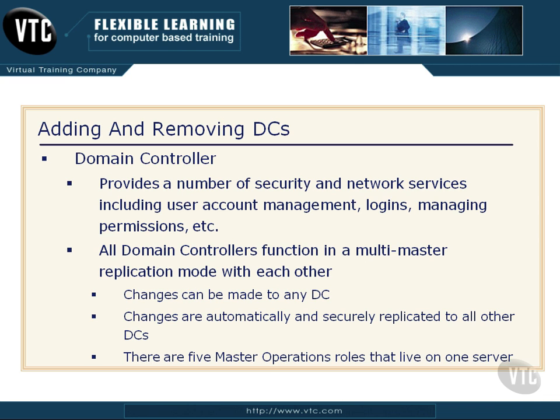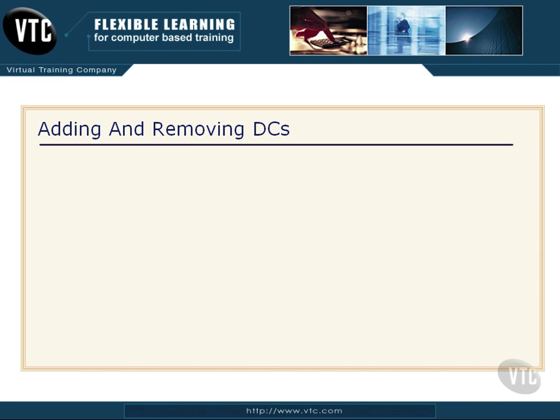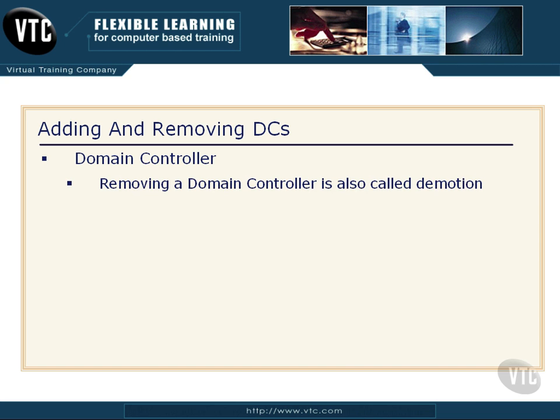Now, a second ago, I said that this functions in a multi-master replication mode, meaning you can make a change on any server and it gets replicated to the others. Well, there are 5 operations that have to live on one individual server, and they can't be multi-master replication. The change can only happen in one place, and then it gets replicated out. And that's what I'm talking about there. So as long as you're not removing something that has one of those master operations, you're okay.